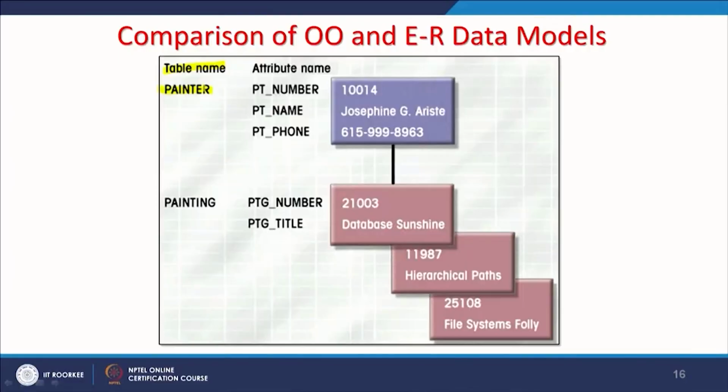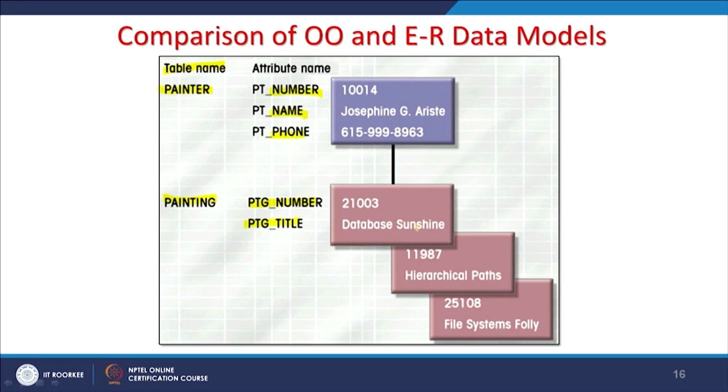Now if we compare the two previously discussed database models, object oriented and entity relationship, what we find is that in this table we have painter, with painter number, painter name, painter home, and painting, with painting number and painting title.